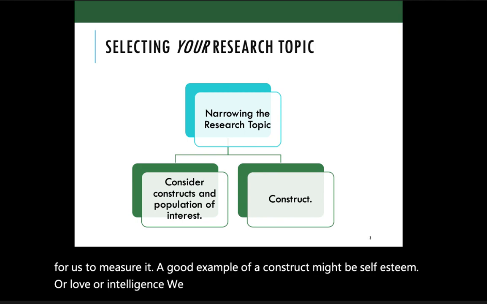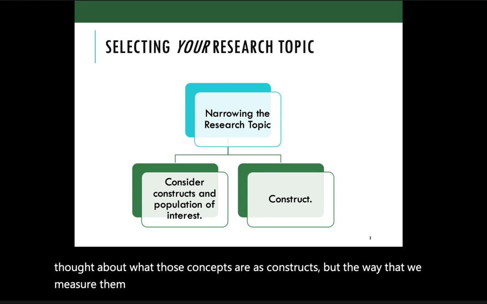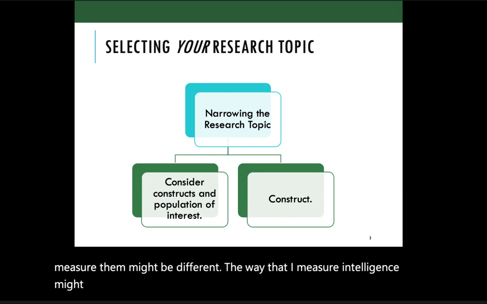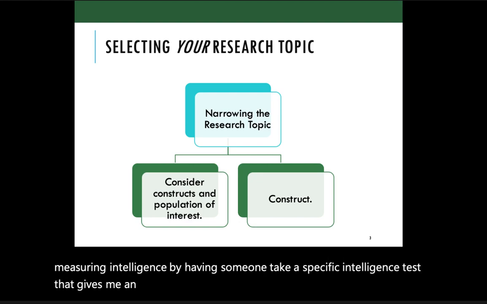We all have a pretty good idea about what those concepts are as constructs, but the way that we measure them might be different. The way that I measure intelligence might be different than the way that you measure intelligence. Maybe I'm measuring intelligence by having someone take a specific intelligence test that gives me an intelligence quotient.